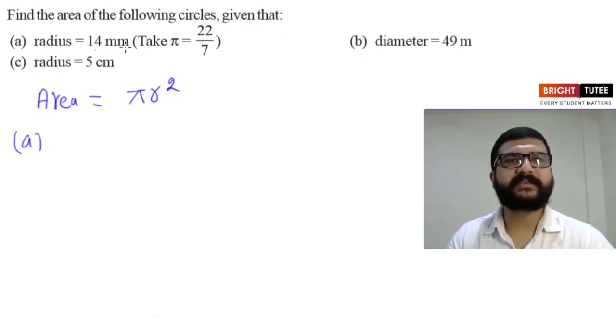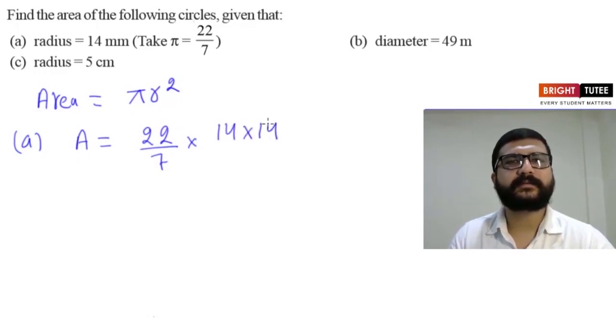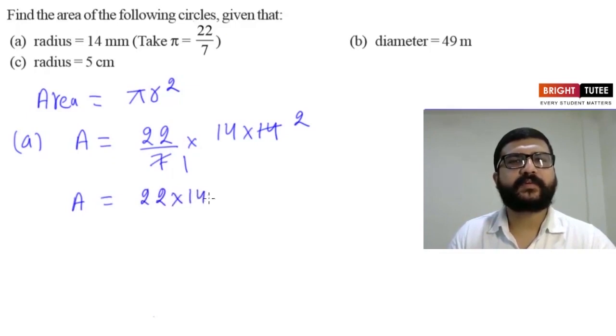Here radius is given as 14 mm, and we have to take pi as 22 upon 7. So area is equal to 22 upon 7, which is pi, into r square. R square means 14 into 14. Now 7 ones are 7, 7 twos are 14. So now from here we will get area is equal to 22 into 14 into 2.